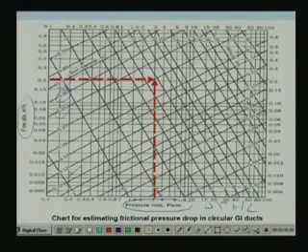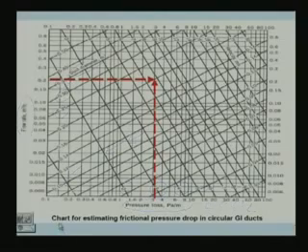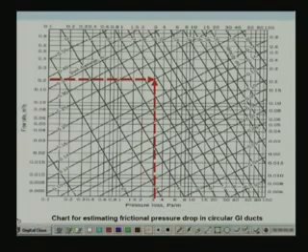For example, this one has 2 meter per second, 3 meter per second, 4 meter per second, 5 meter per second, like that. So, using this standard friction chart, you can find out the required parameters if any two parameters are known, any two parameters out of flow rate, duct diameter and pressure loss.